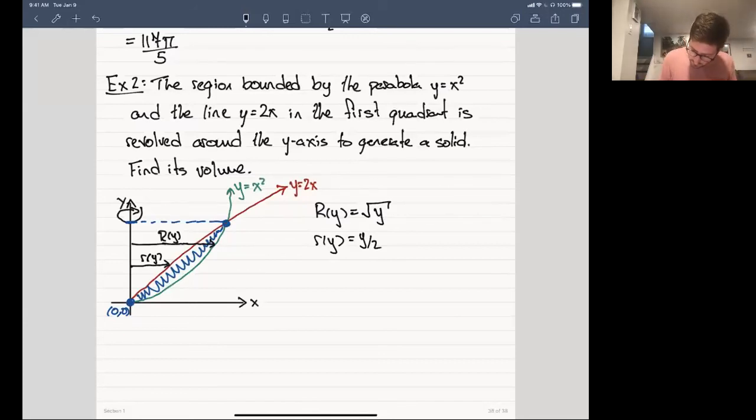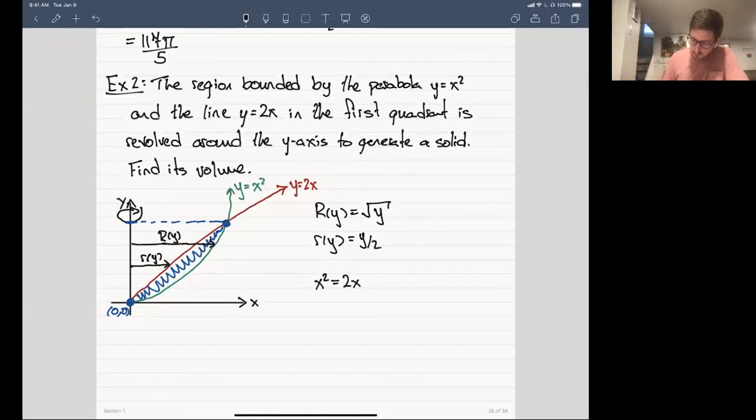So we can do this again by solving x squared is equal to 2x. That's setting these two things equal to each other. We can solve for x, then we can get the y value, or we could use the inverse functions and solve for y and get the x value. It doesn't matter which way you want to do it. It's just more natural for me to use x.